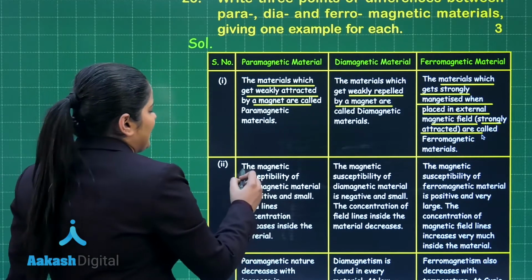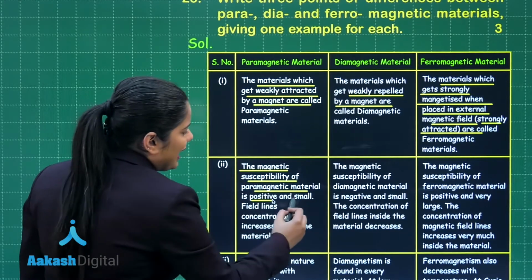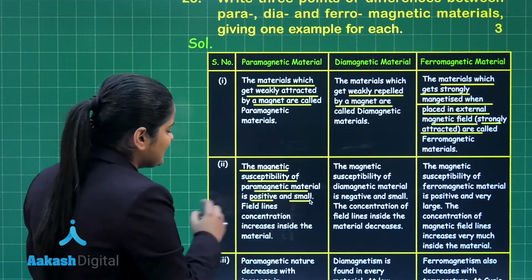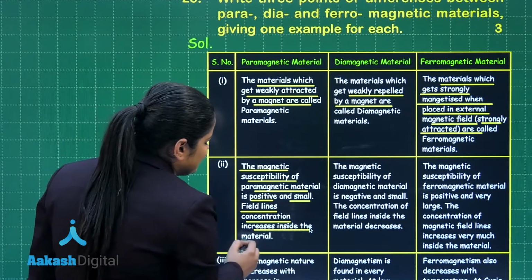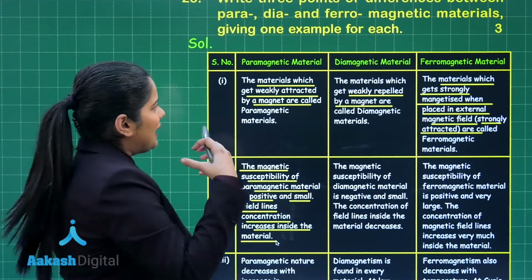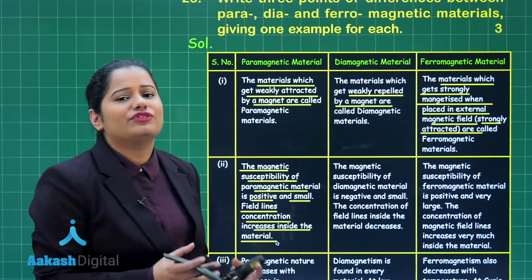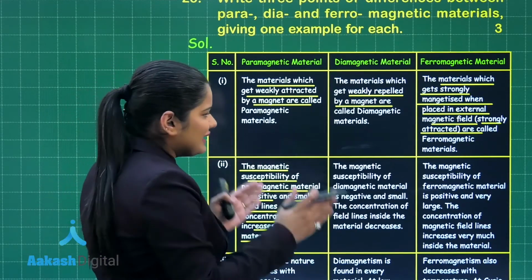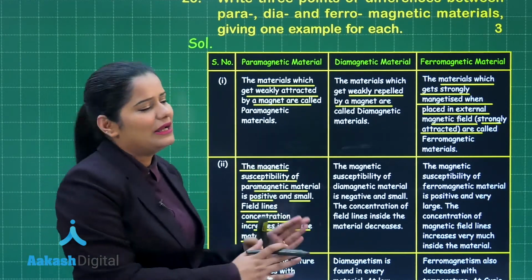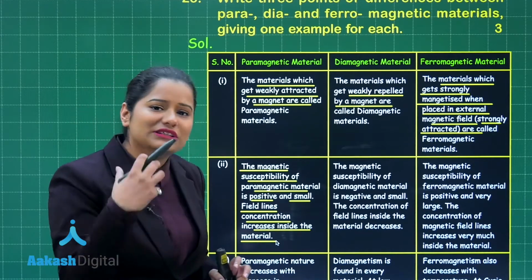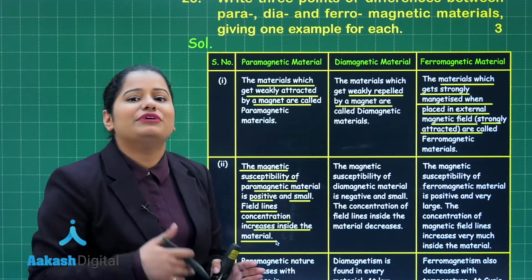Moving on to the next point, I have taken up the parameter of susceptibility. The magnetic susceptibility of paramagnetic material is positive and small. As it is positive, the field line concentration increases inside the material. When a paramagnetic material is placed in an external magnetic field, because of the positive value of magnetic susceptibility, magnetic field lines will try to pass through the material, and hence their concentration inside will increase.